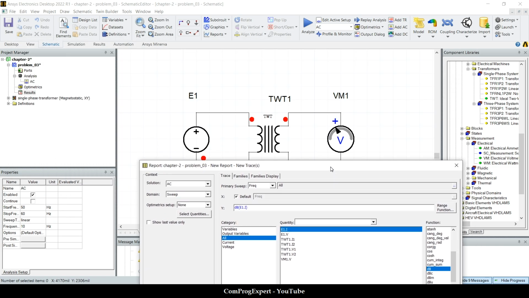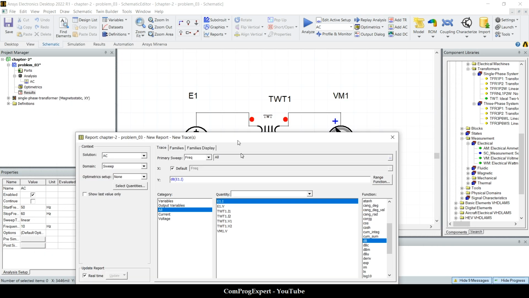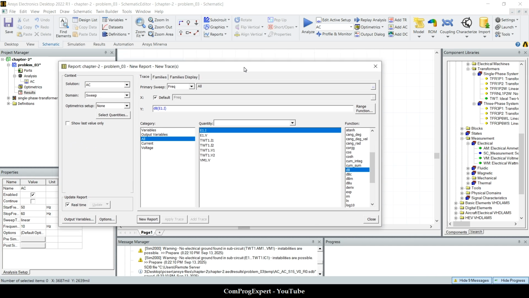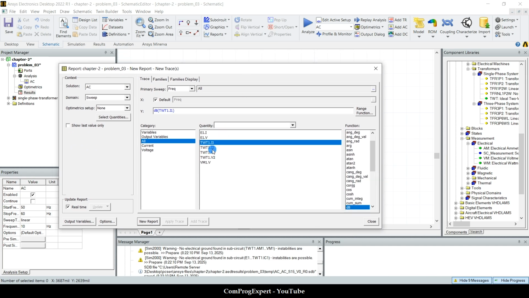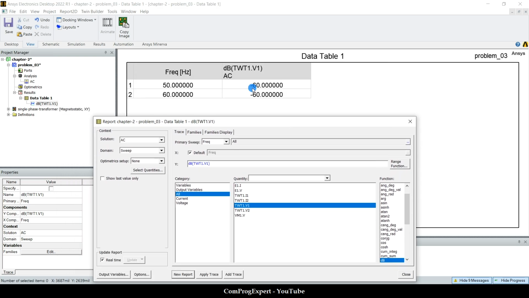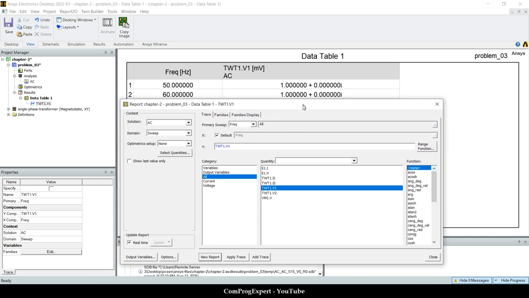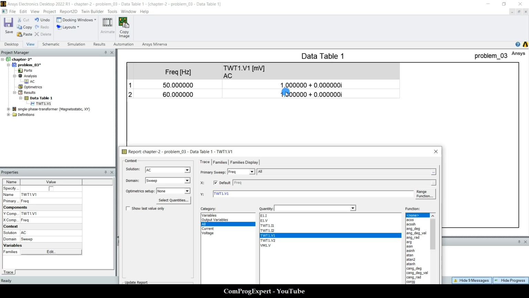So this is E1, or actually the two winding transformer V1. Let me plot it. Here you can see the number. Here the decibel function is used, but I don't need the decibel function. Just show the value of the two winding transformer 1.V1. The voltage of the primary side is equal to this one.